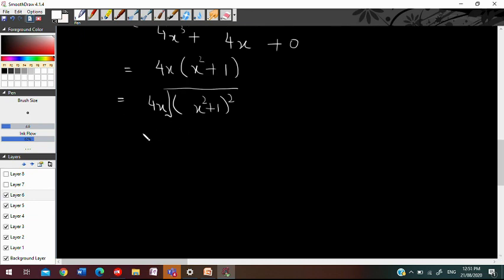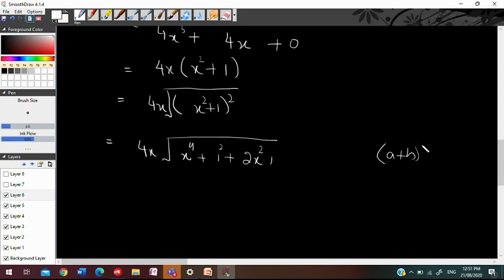Okay, now the next step is 4x into, I'm going to apply this power on this factor. Simply this second formula of the formula of square, (x square plus 1) square, which is x4 plus 1 plus 2x square into 1, that is, (a plus b) square is a square plus b square plus 2ab.